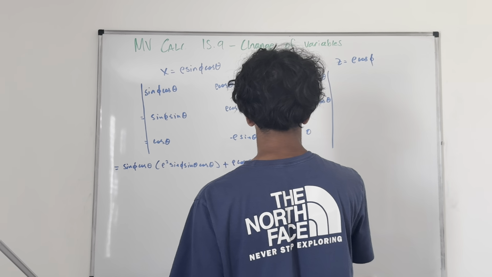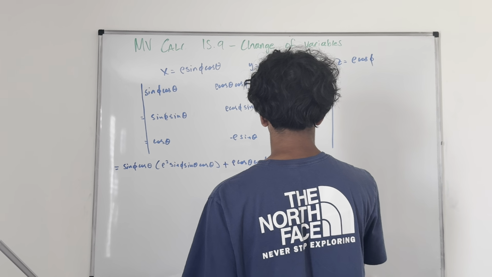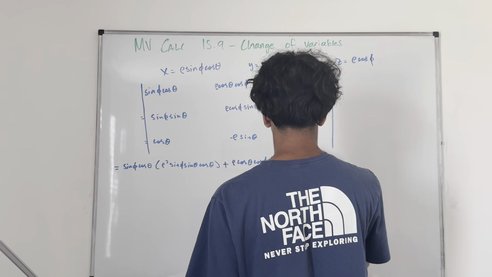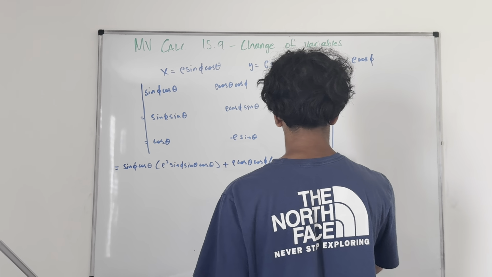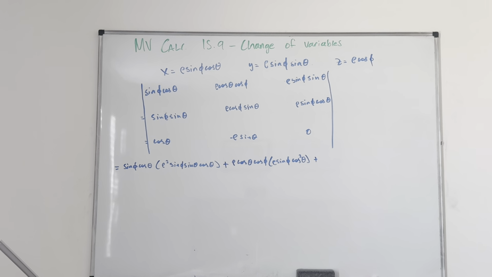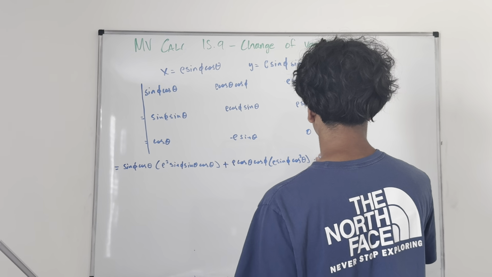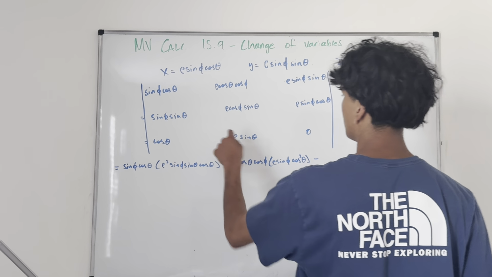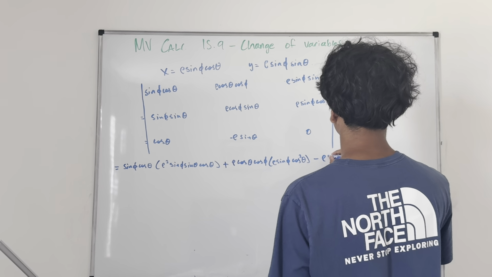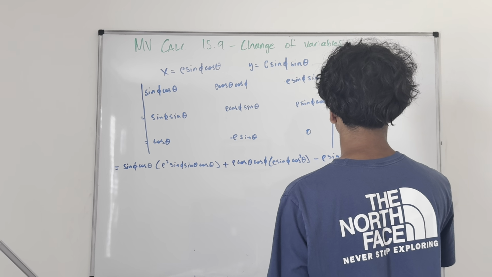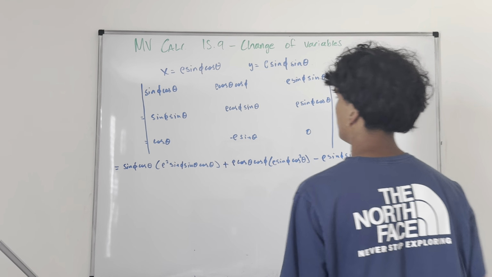So we're just going to have rho sine phi cosine theta squared plus, now for this term, this times this, so this will be a minus. So it's going to be rho sine phi sine theta.